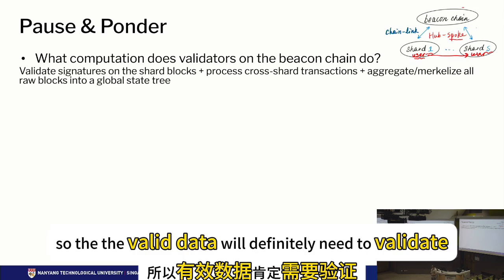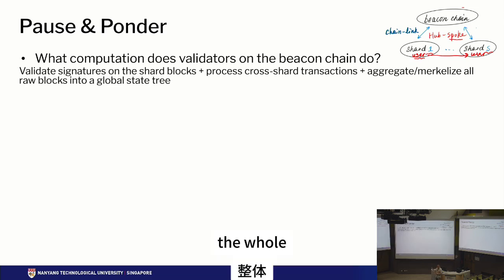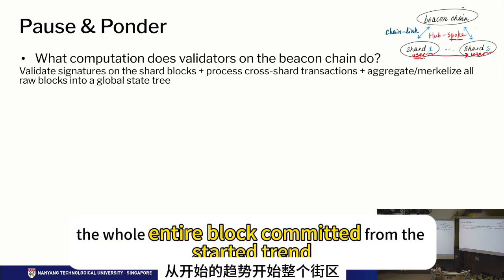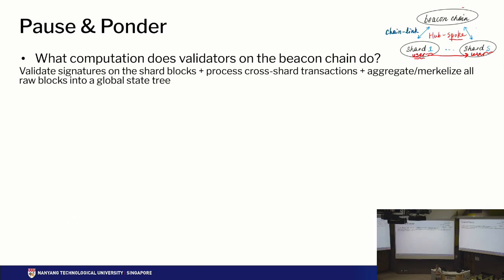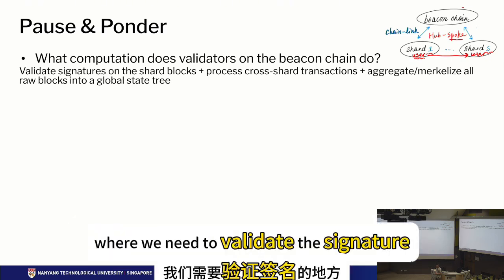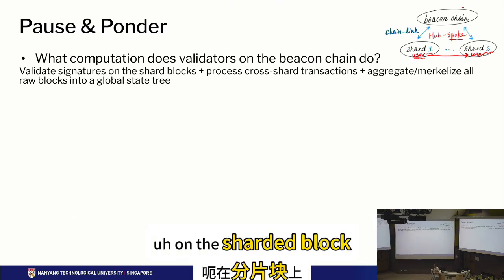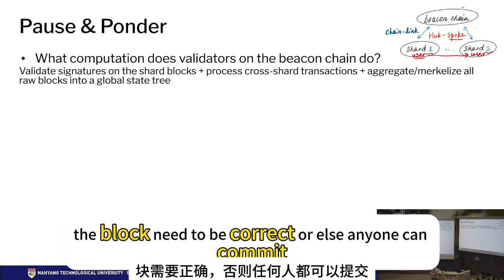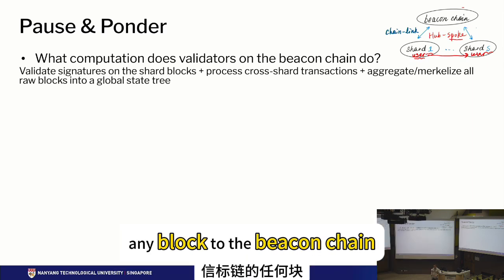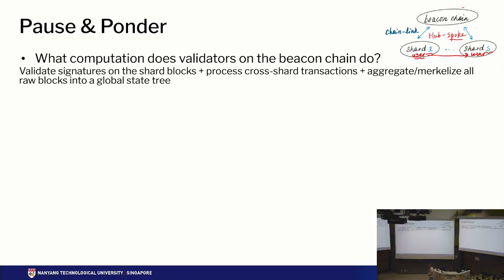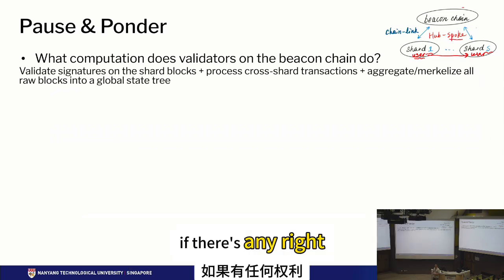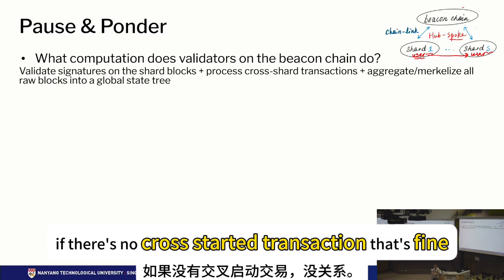Think about this, I'll give you an answer. The validator will definitely need to validate the transactions from the whole block committed from the sharded chain. The first step is to validate the signature on the sharded block. The block needs to be correct, or else anyone can commit any block to the beacon chain. It shouldn't be the case. We also need to process the cross-shard transaction if there is any. If there isn't, that's easier.